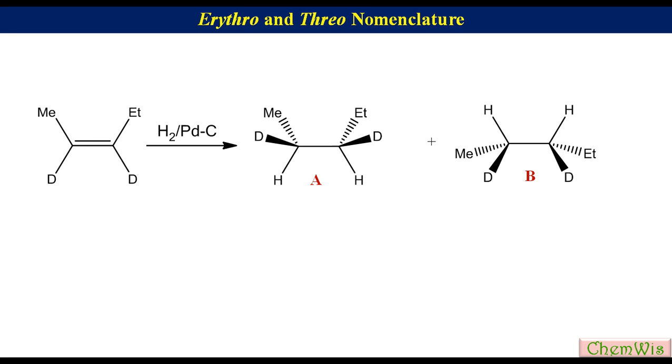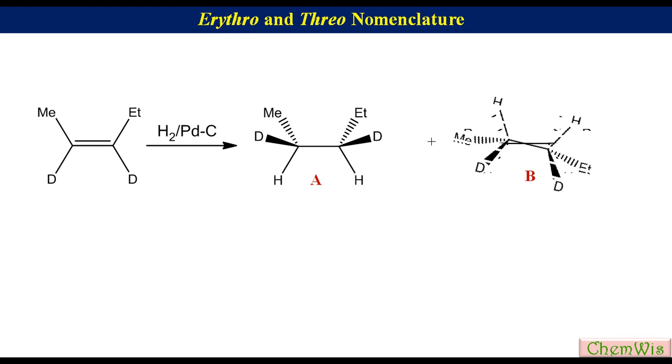So, these are erythro isomers. If we rotate structure B through 180 degrees in the plane, we can see that A and B are enantiomers. So, we can say that these are erythro enantiomers.